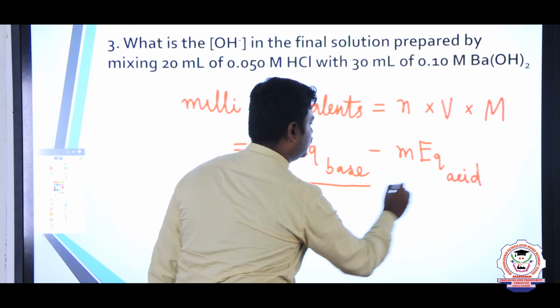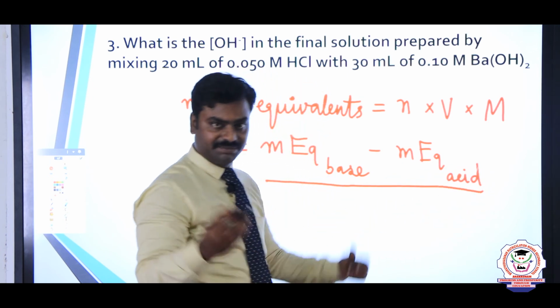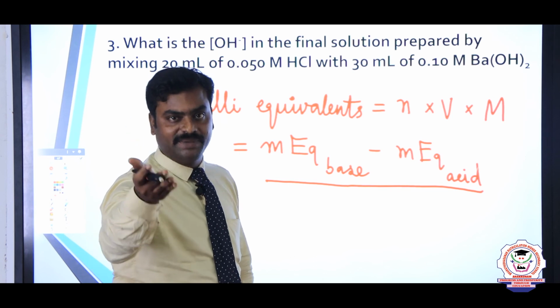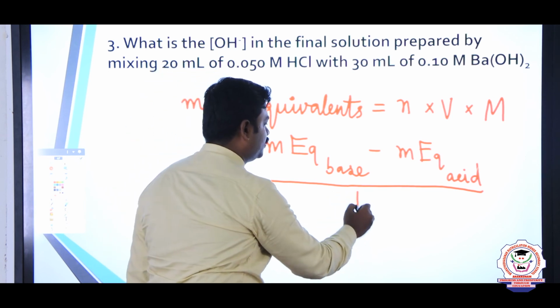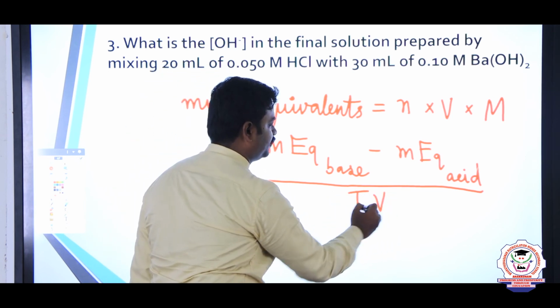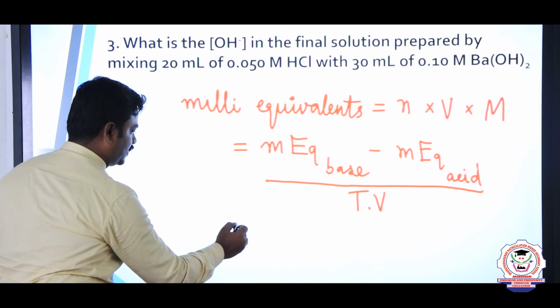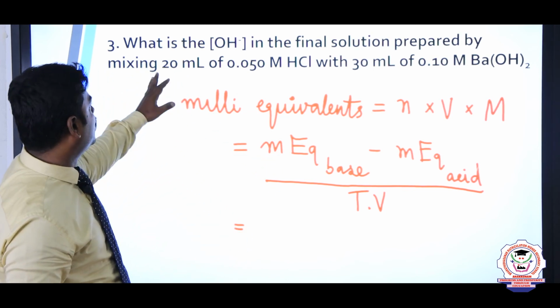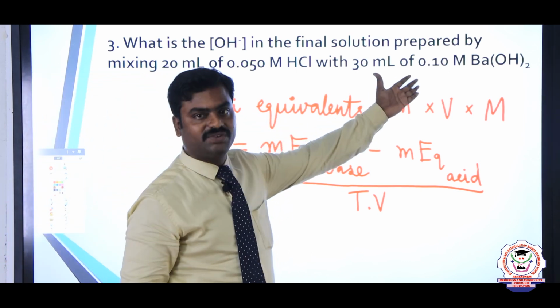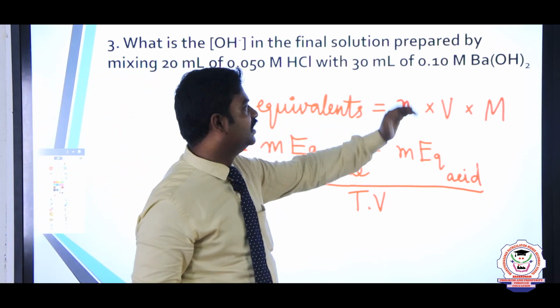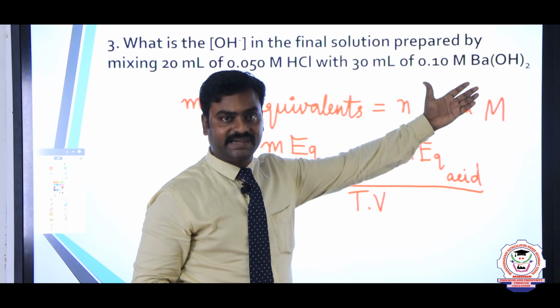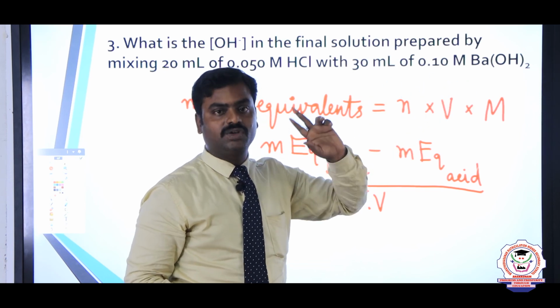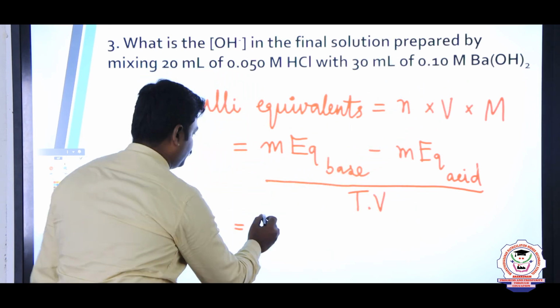divided by the total volume. After mixing the solution, that volume will be increasing. So total volume. Now that is equal to, as I said, milli equivalents. The first one, we are going to find out milli equivalents for barium hydroxide because it is a base. The barium hydroxide has 2 OH minus ions, so the n factor value is 2.